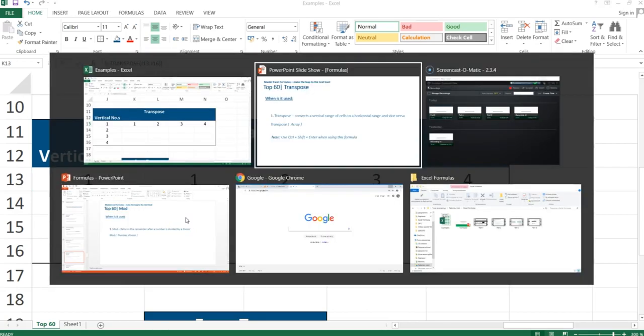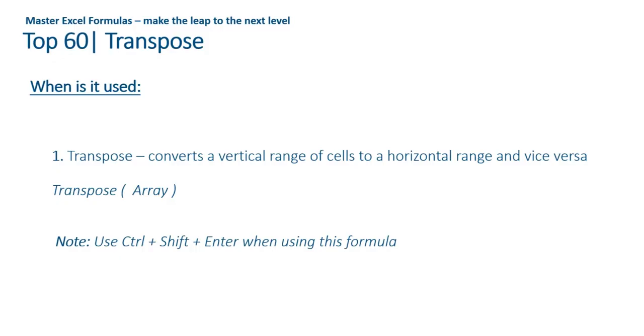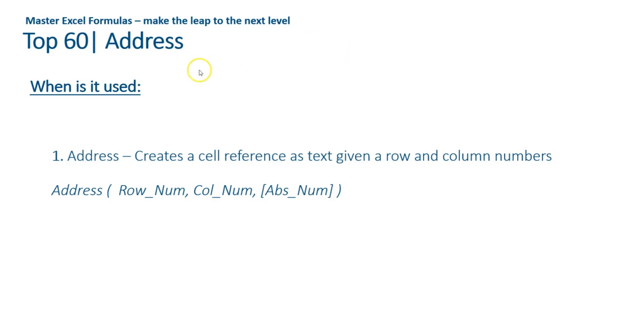Now going back to the presentation, the next formula we have is the ADDRESS formula. What this formula does is create a cell reference as text, given a row and column number.